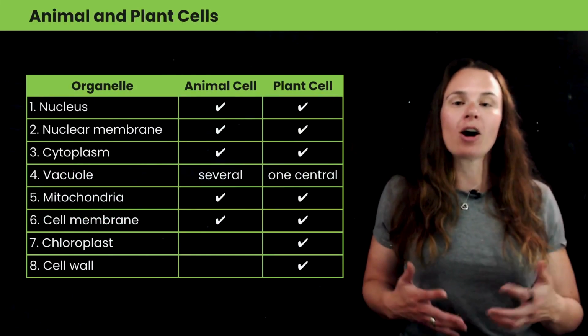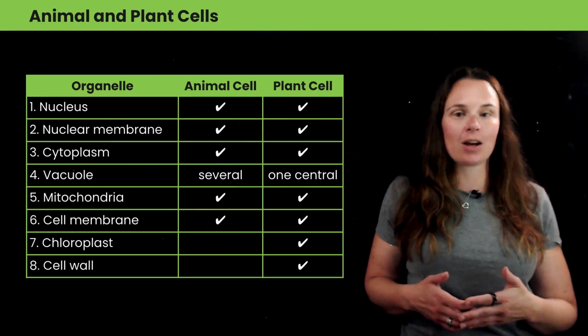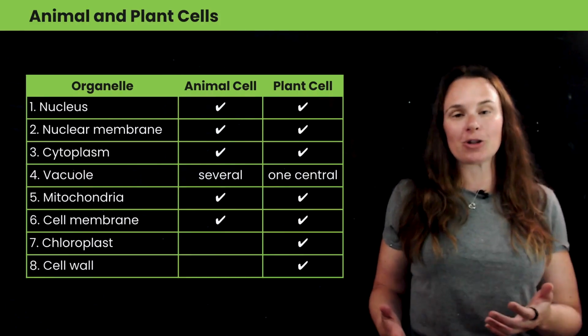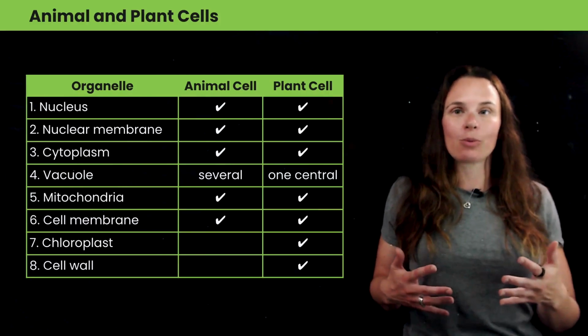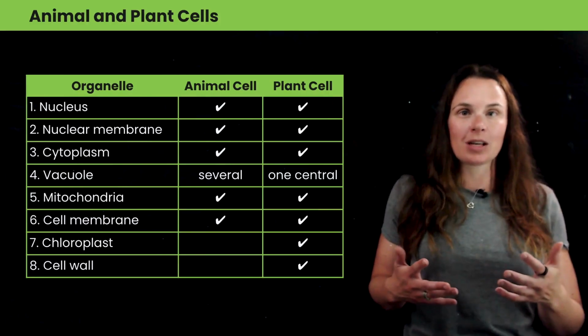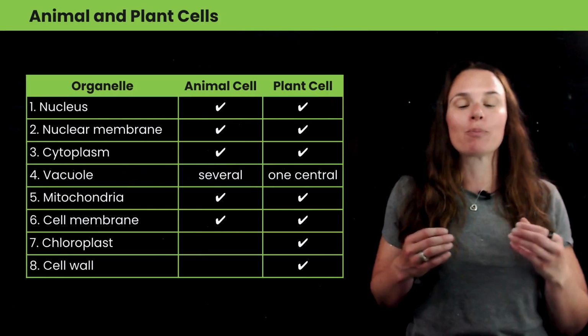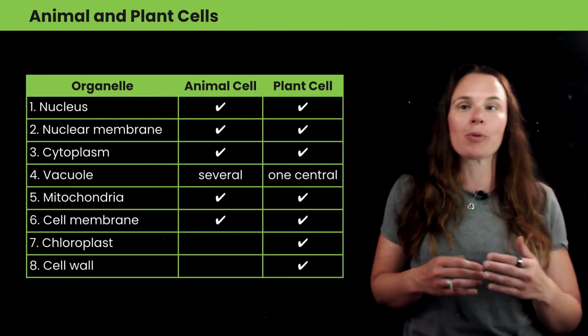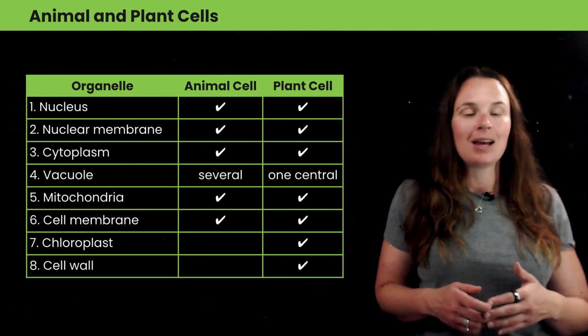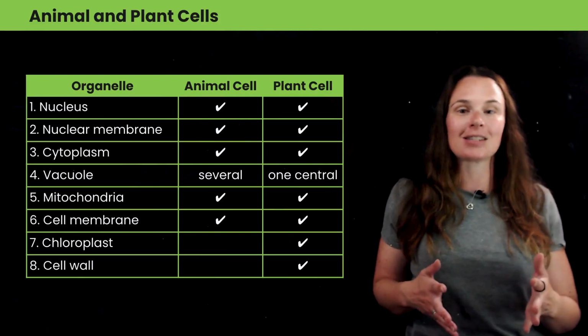So in reviewing all of the organelles that we've explored today, we can notice some similarities and some major differences. So we've put them in a table here for you. So we notice right away that we have the control center in both. We have a nucleus for both cells, animal and plant. And both of those control centers are protected by nuclear membranes. Each of the cells contains a cytoplasm, right?